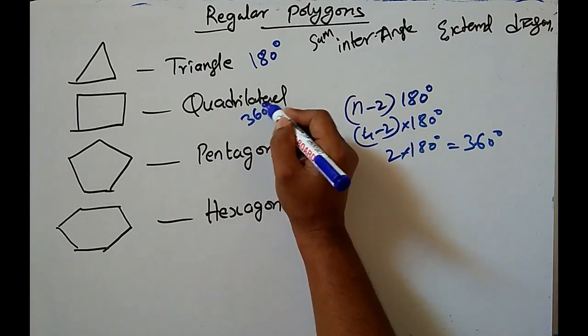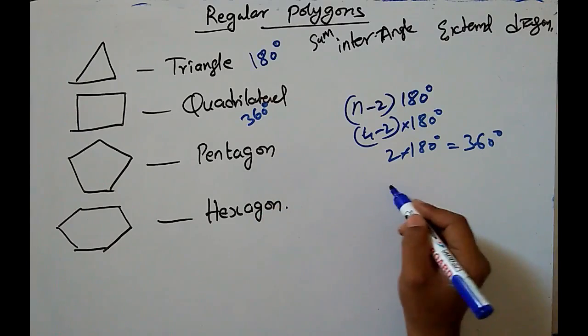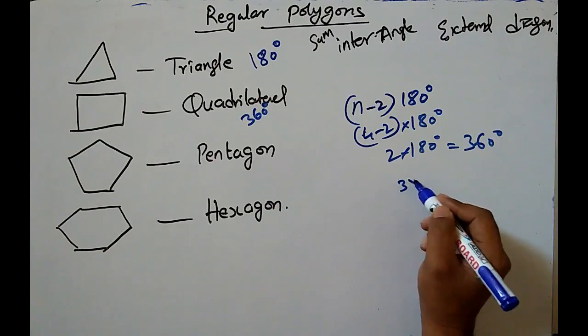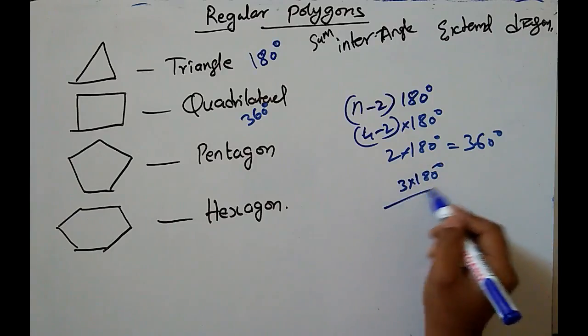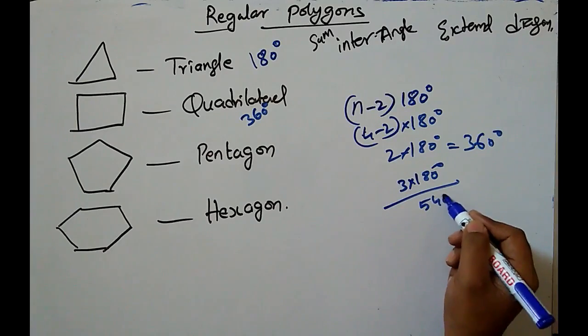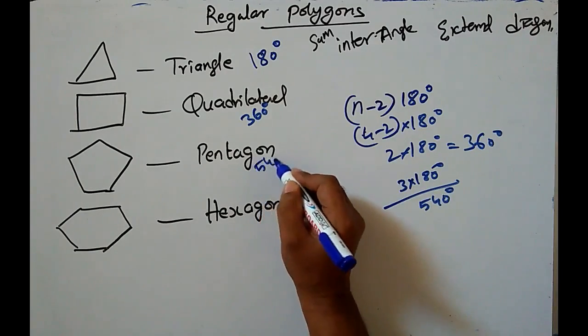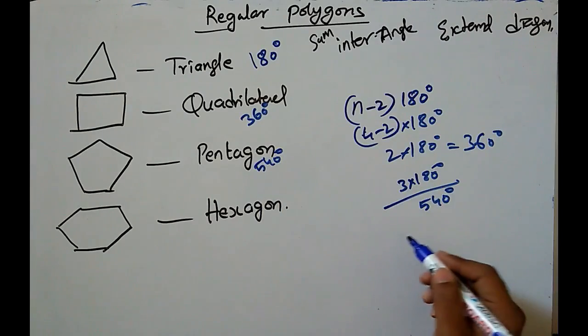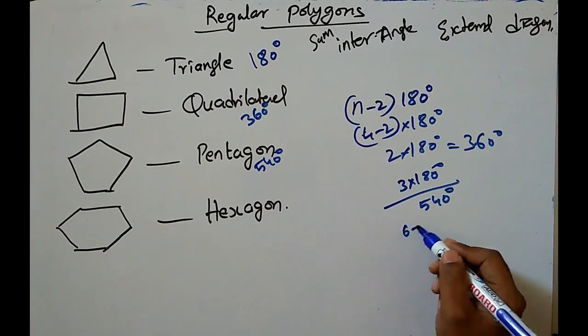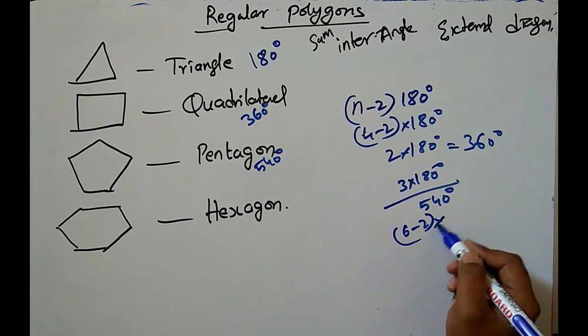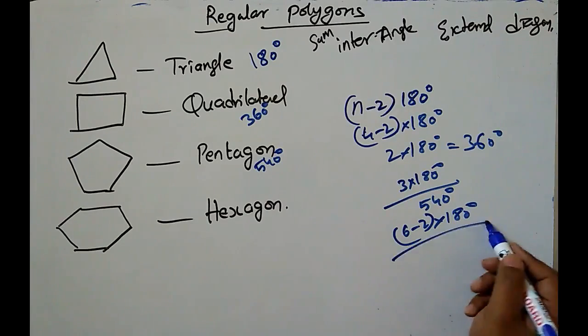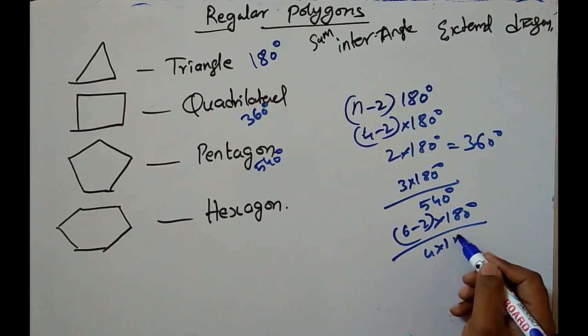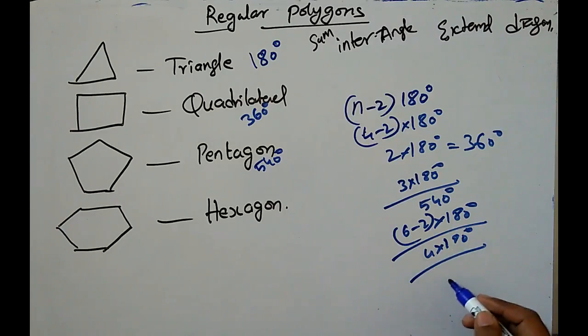For a pentagon, 5 minus 2, that is 3 into 180 degrees, which is 540 degrees. For a hexagon, it will be 6 minus 2 into 180 degrees, that is 4 into 180 degrees, which is 720 degrees.